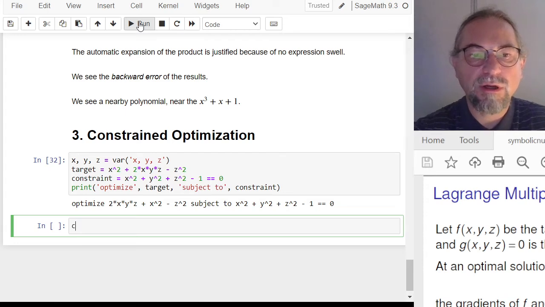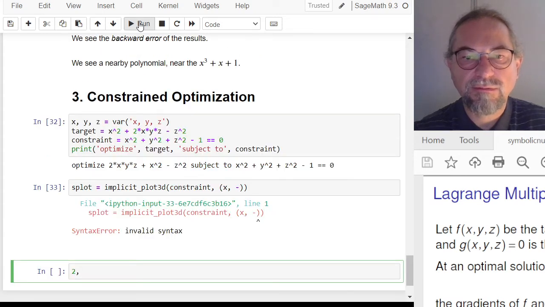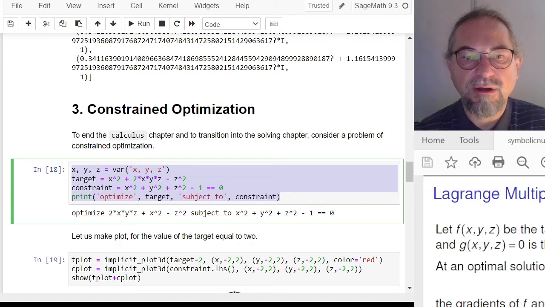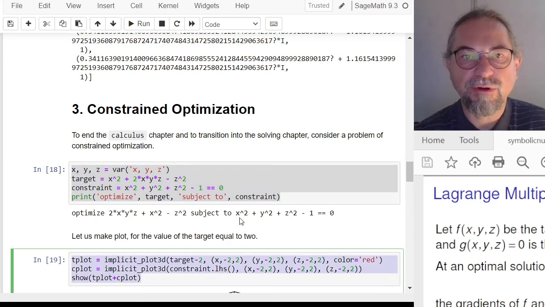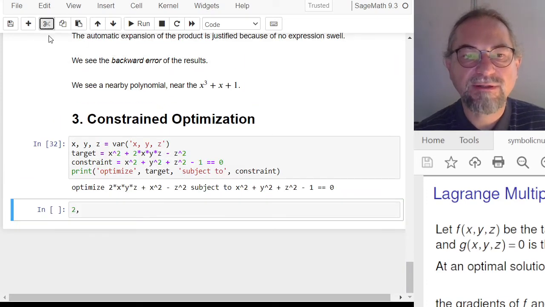So I will plot with implicit plot 3D the constraint for x. Oops. And perhaps I should have copied and pasted, because there are some issues which I may not have correct right away.